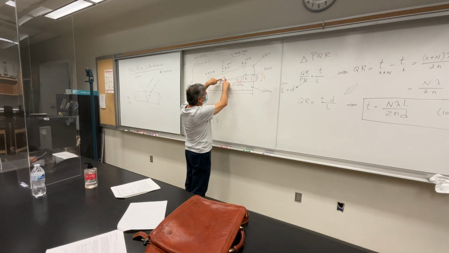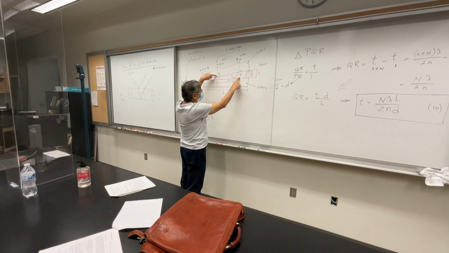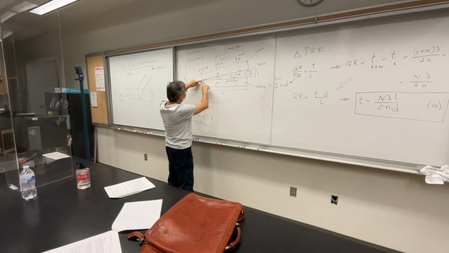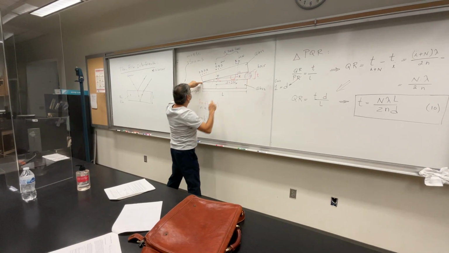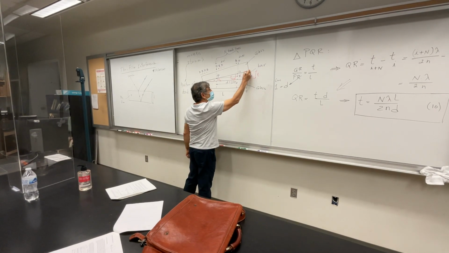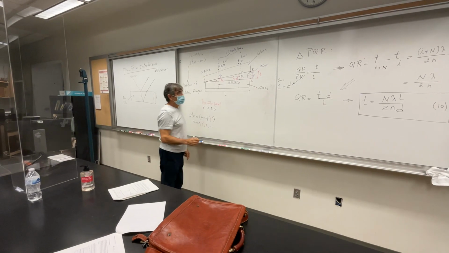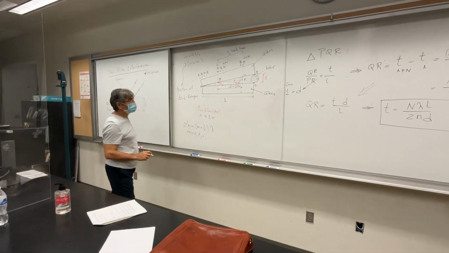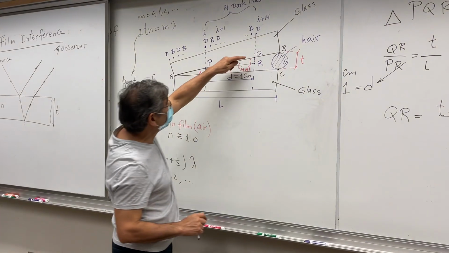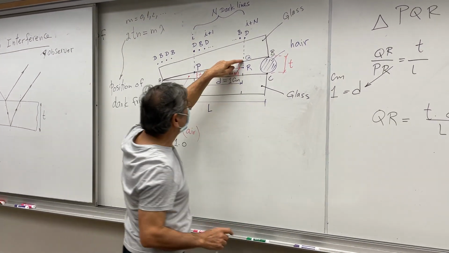Let's look at this triangle PQR and this bigger triangle in here, between, let's say, this point A, this point B, and this point C. These two triangles are similar, and so I can write the ratio of QR right here. Now I can take a look at this equation.